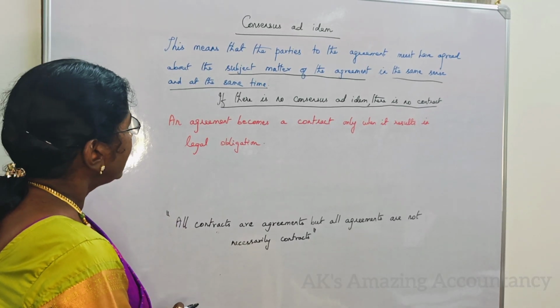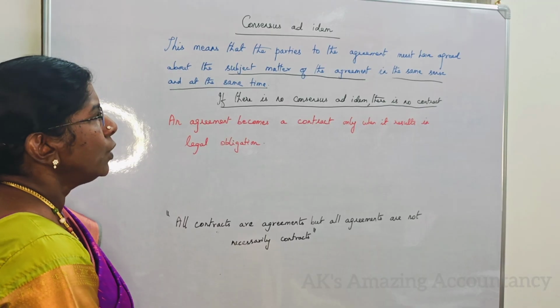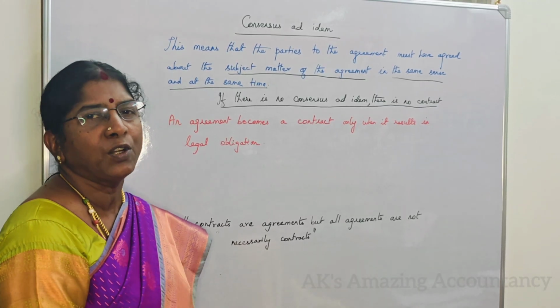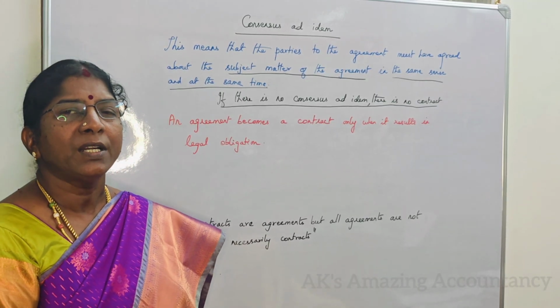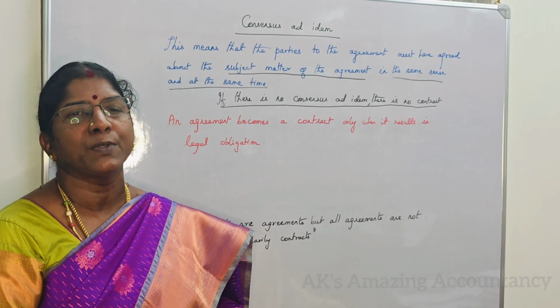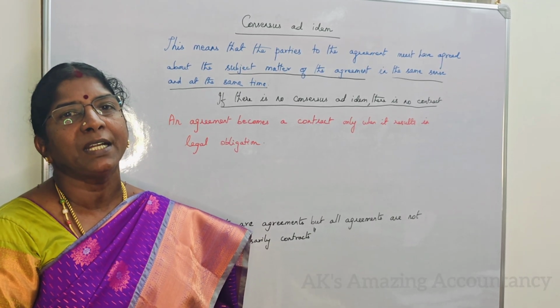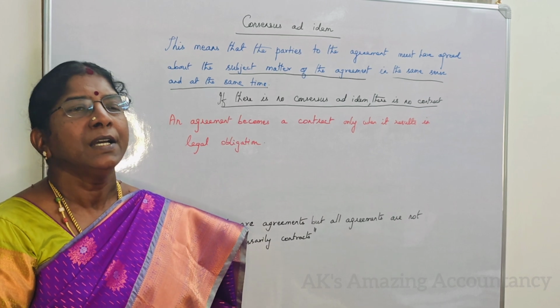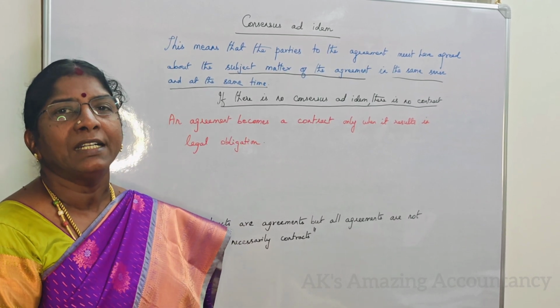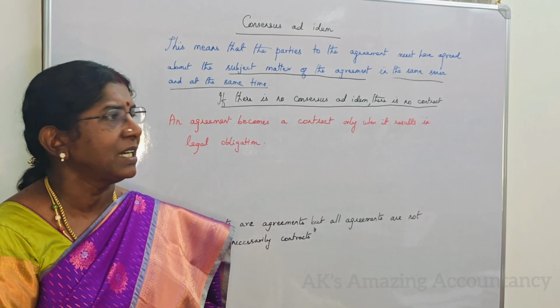Now an agreement becomes a contract only when it results in legal obligation. What is the definition as given by section 2 subsection H of the Indian Contract Act? A contract is an agreement enforceable by law, isn't it? So there should be an agreement and at the same time it should be legally enforceable.